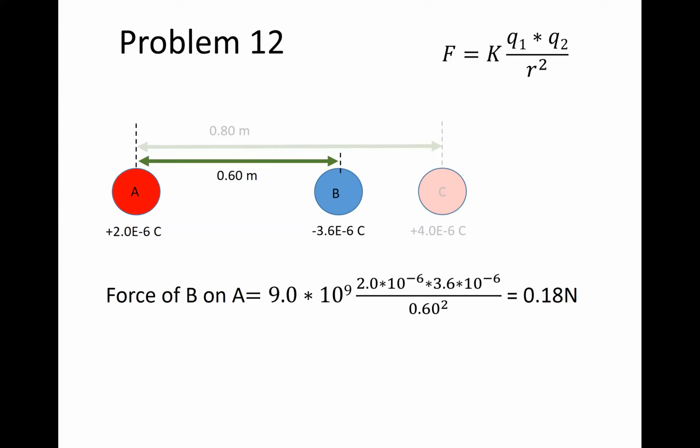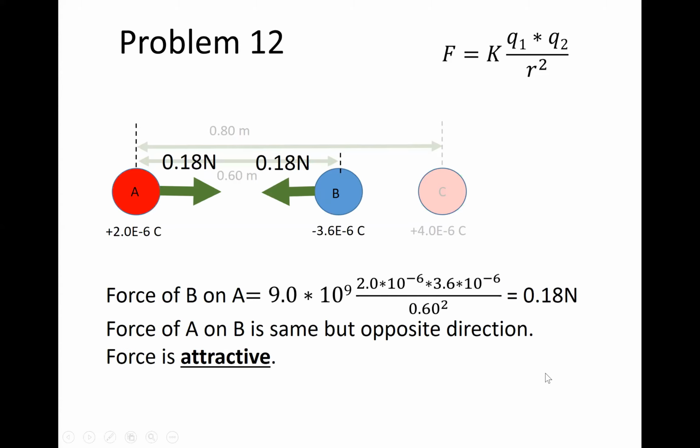If I do the math right, I get that the force is 0.18 newtons. Remember that this is the force on both of them. Sphere A is feeling a force of 0.18 newtons pulling it towards sphere B, and sphere B is feeling the exact same force in the opposite direction. Remember Newton's third law, okay? And so that's the situation.